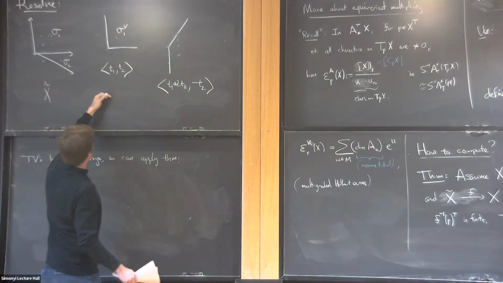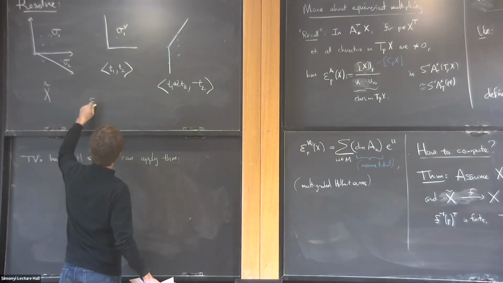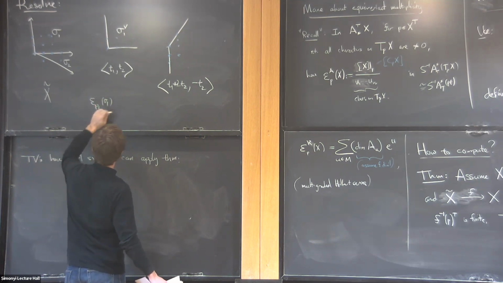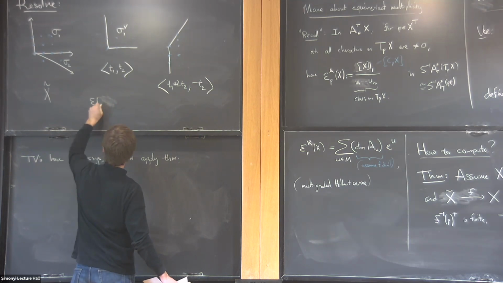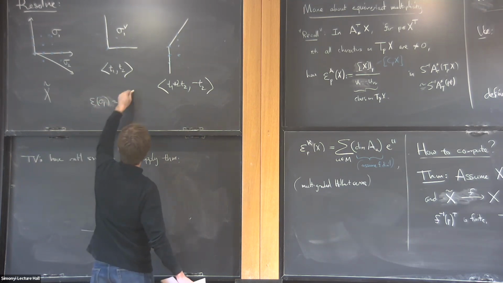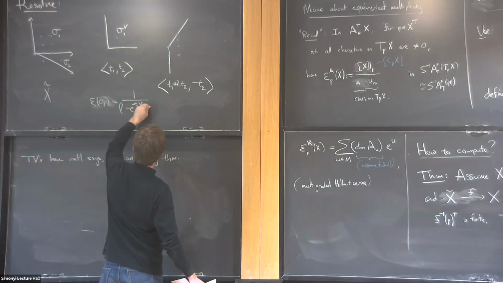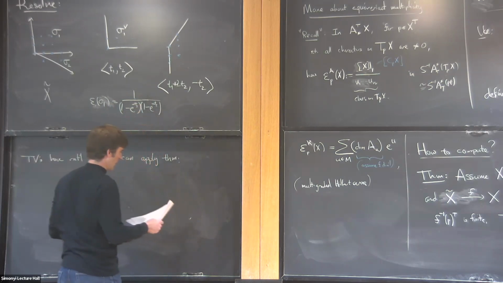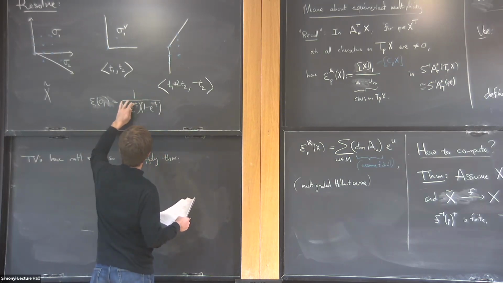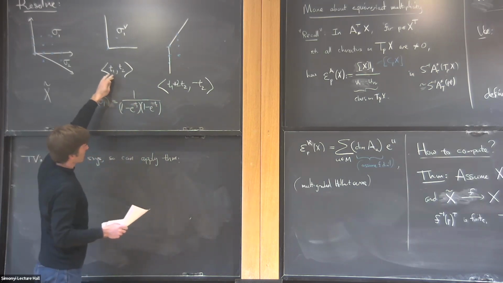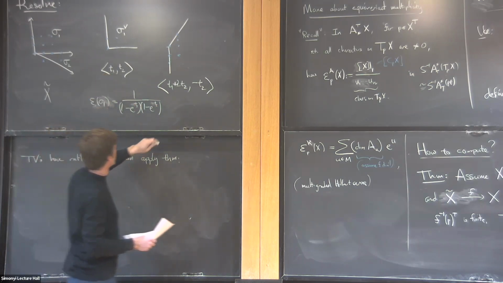And I know what the equivariant multiplicities are, so I'll call this the fixed point P for sigma 1. Well, that's 1 over 1 minus e to the minus T1 times 1 minus e to the minus T2. Oh, I'm sorry, this should be just plus, the way I've set it up, but these are already dual characters.